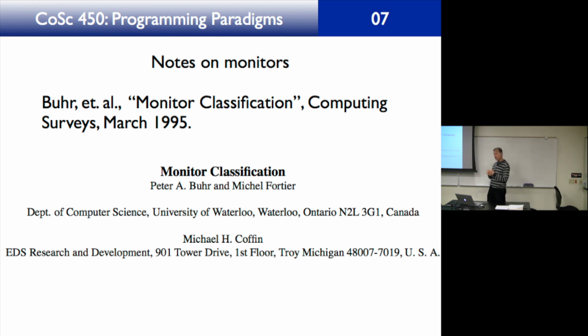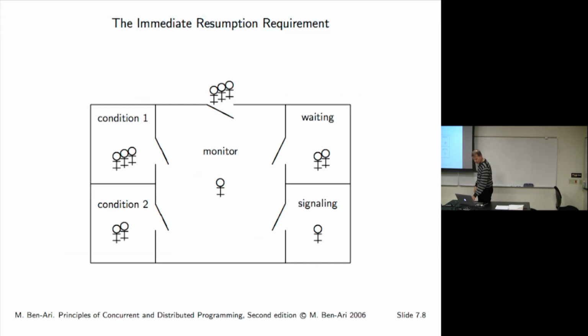And furthermore, I can tell that the author of our textbook has gotten some of his presentation ideas from this, because look, here is slide 7.8 from our author. It's called the immediate resumption requirement. What our author shows here is the monitor in the middle, and one process is executing.